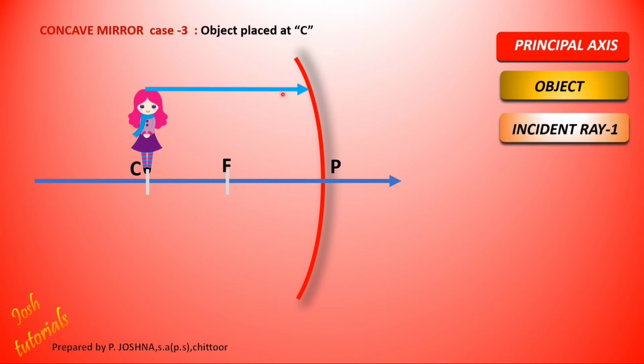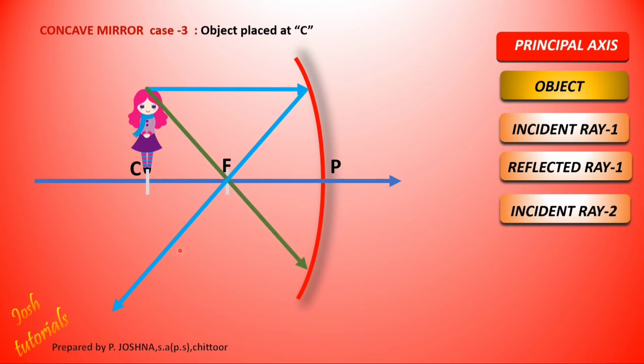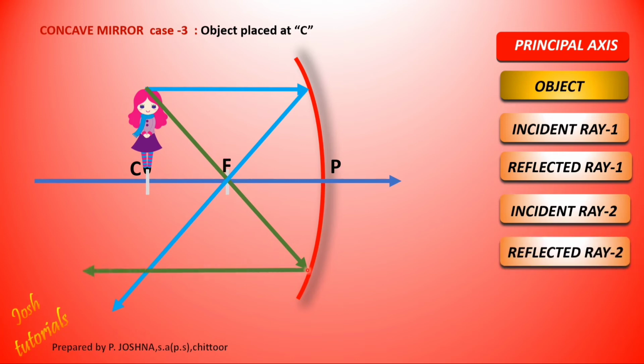Our first incident ray is parallel to the principal axis, and it passes through the focus. Draw another ray passing through the focus. As it passes through the focus, it reflects back parallel to the principal axis.